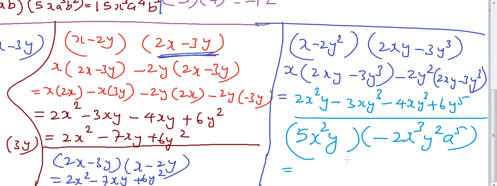Same, signs are different, so the result is negative, so first put a minus sign, then 5 into 2 is 10, then x square into x cube, x power 5, y into y square, so y power 1 plus 2 is 3, then a power 5. That's all, this is the result. Okay, this is how we multiply polynomials.